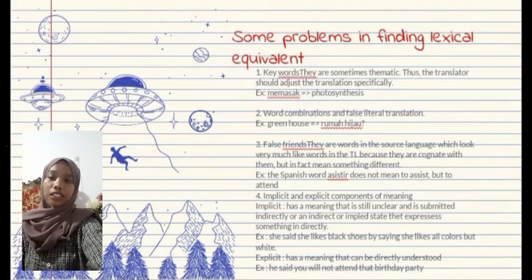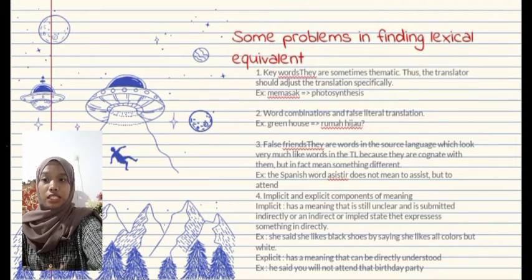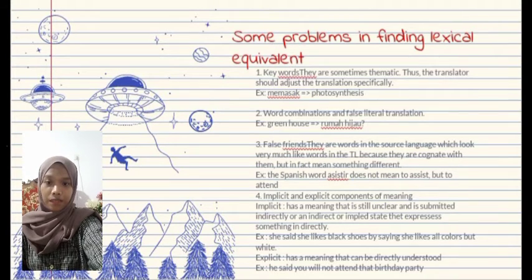And the last part is some problems in finding lexical equivalence. The first is keywords that are sometimes thematic. Thus, the translator should adjust the translation specifically. For example, cooking has the same meaning as photosynthesis. Then, word combination and false literal translation.